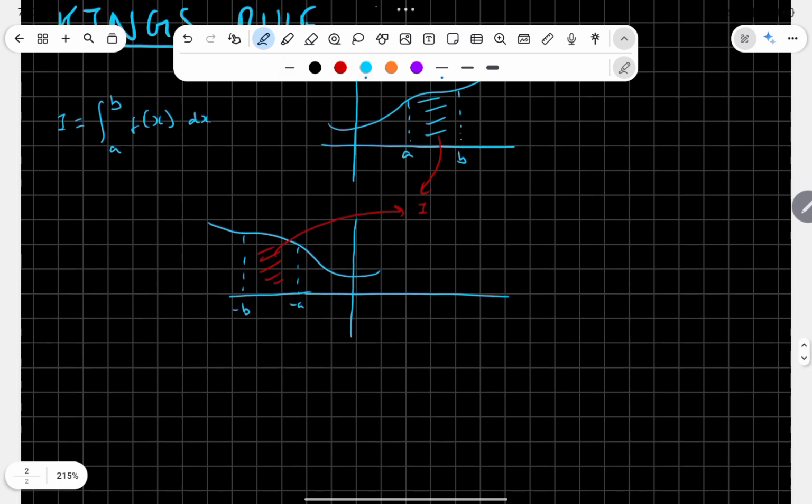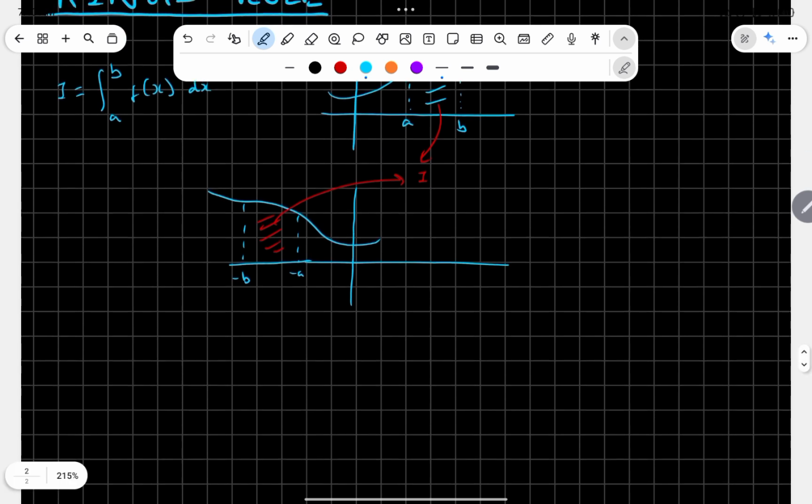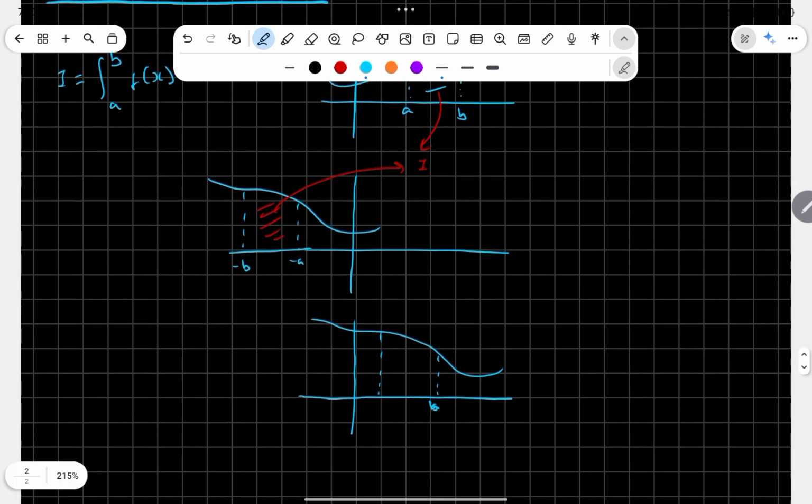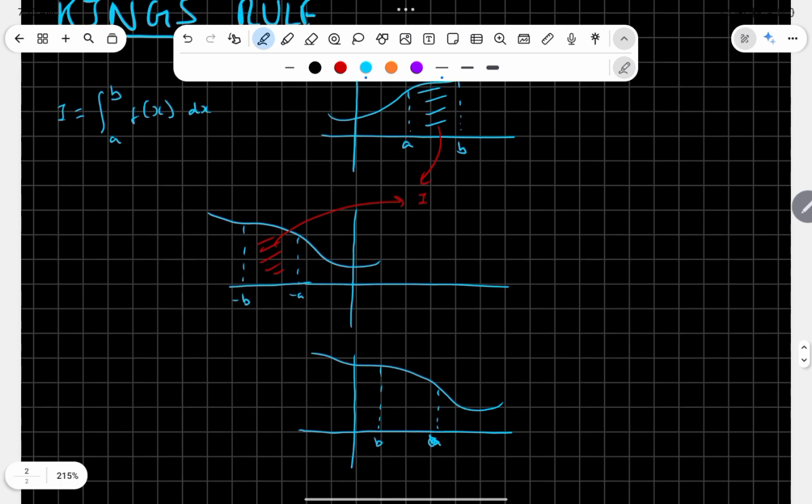Now I'm going to shift the graph a plus b forward so that we align back to a and b. Sorry, this is a, this is b.